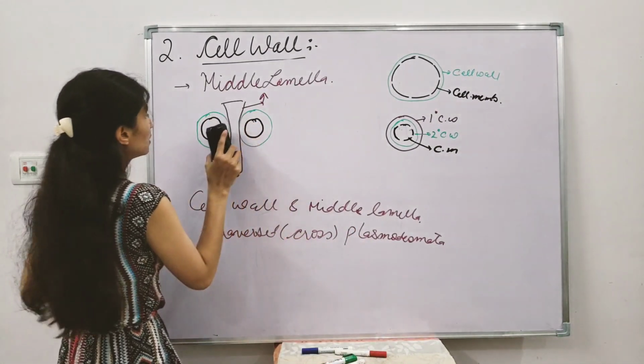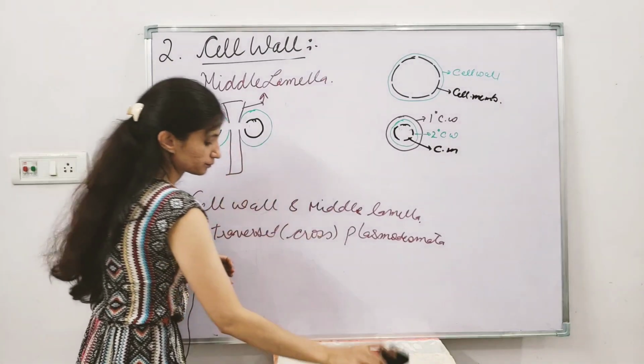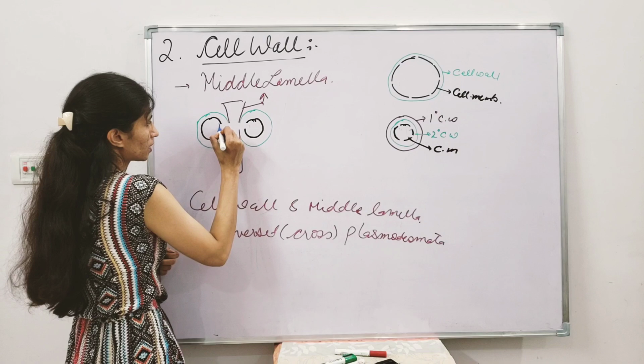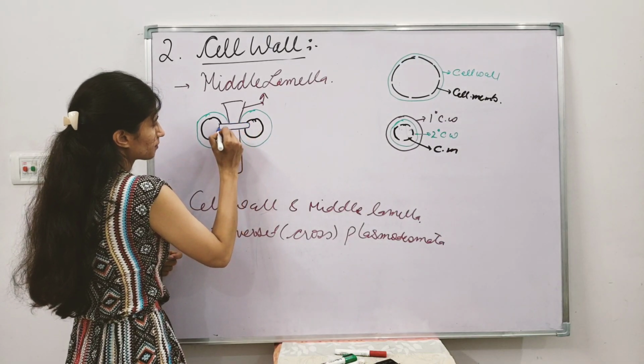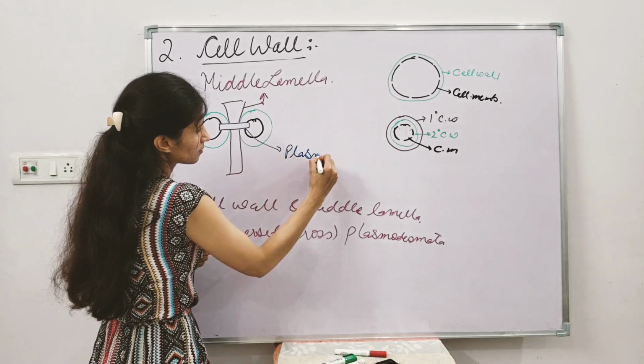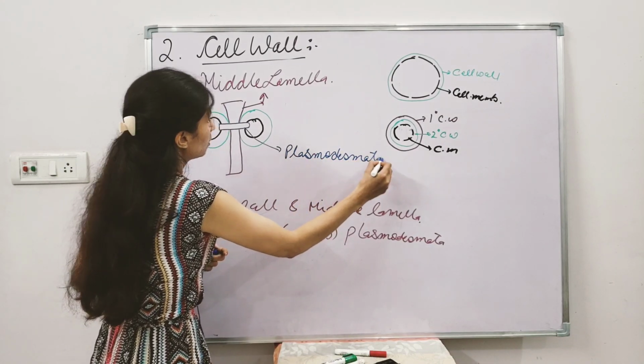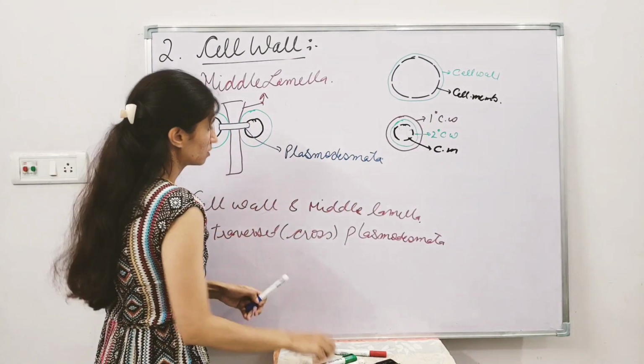This plasmodesmata actually connects the cytoplasm of two cells. Like how it happens, if I make it somewhat like this, this is your plasmodesmata. This is your cell wall.